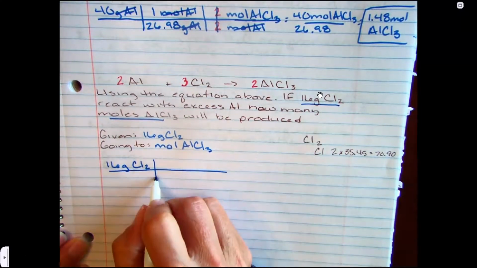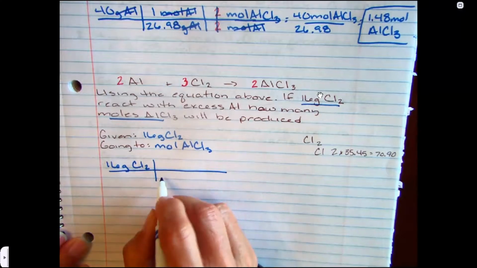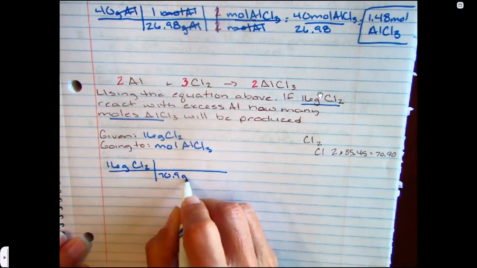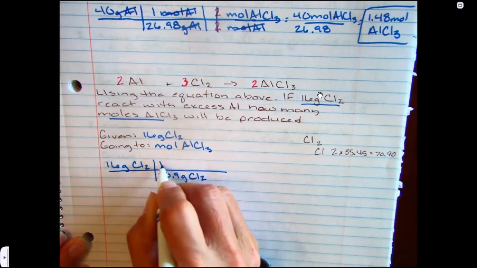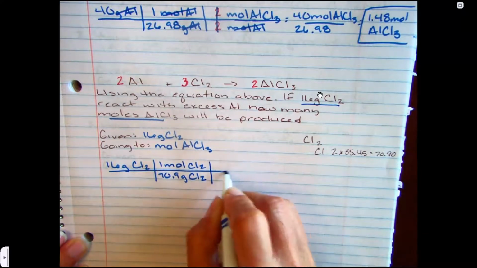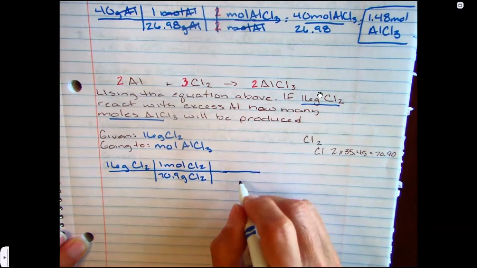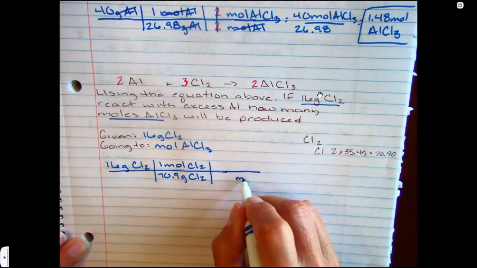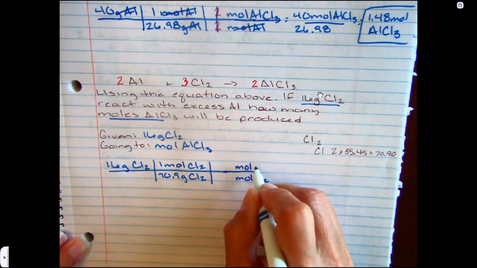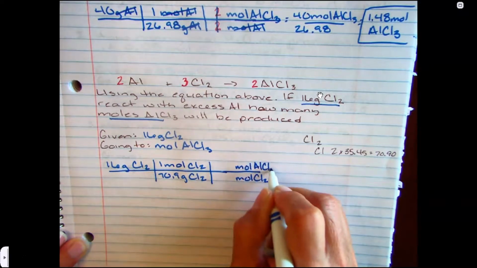Now we're in the section where we're converting it to moles. So we have 70.9 grams Cl2 is 1 mole of Cl2. So now we're to the mole ratio part. Mole Cl2, mole AlCl3.